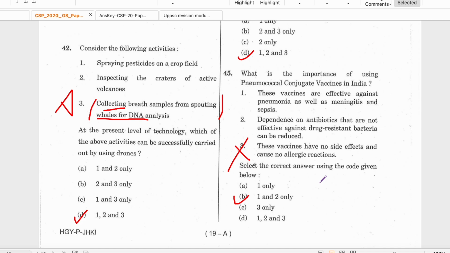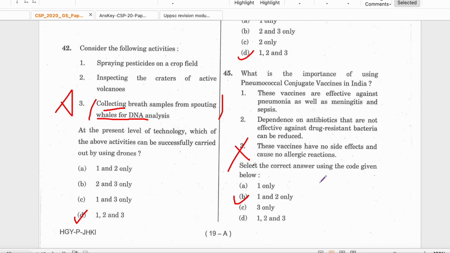Now, these vaccines have no side effects. Absolutely, how do vaccines work? You are providing the vector and the foreign material in a very limited quantity, some protein or something related to it, so as to create a memory.